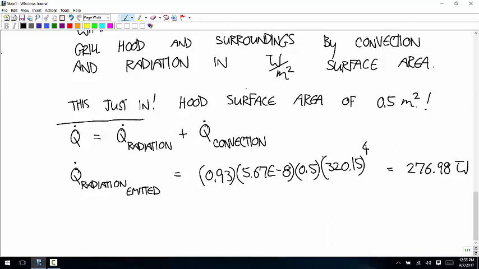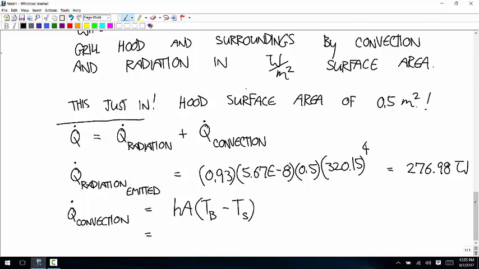And then we have to do heat convection. So this is equal to H times A times the temperature of the body minus the temperature of the surroundings.